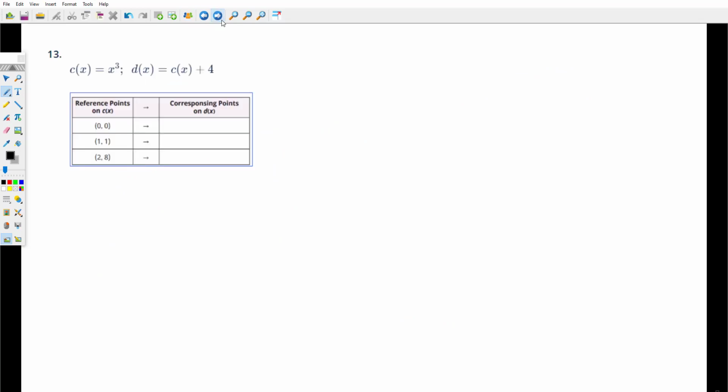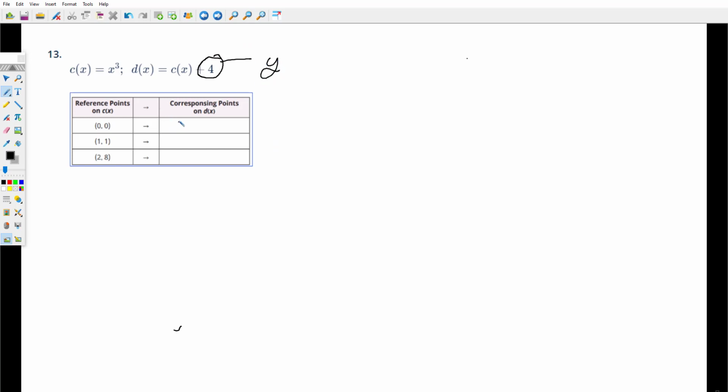And so when we're looking here at 13, we look and see that 4 is outside, and so that means it's going to change the y.